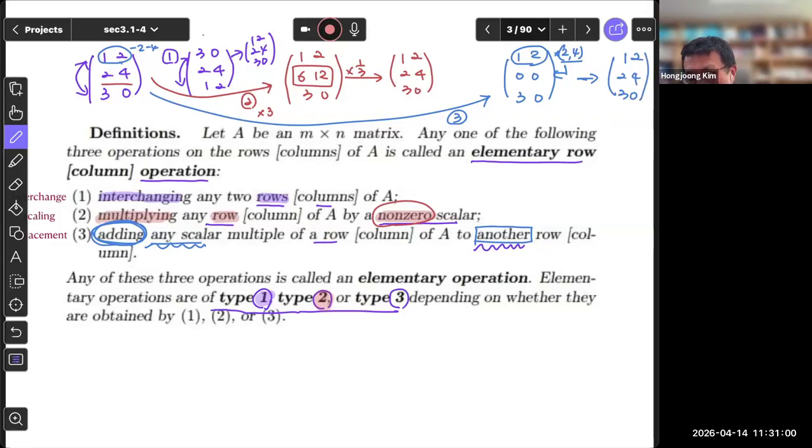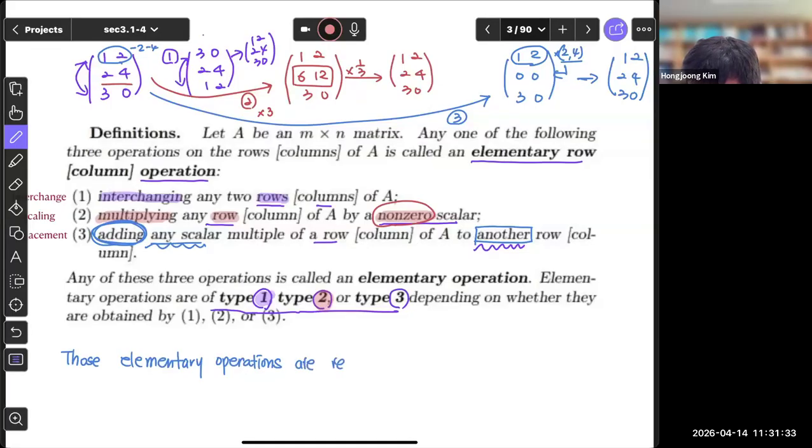So I just introduced three types of elementary row operation. Okay? I consider the three elementary row operations. And as I said, those elementary operations are reversible.